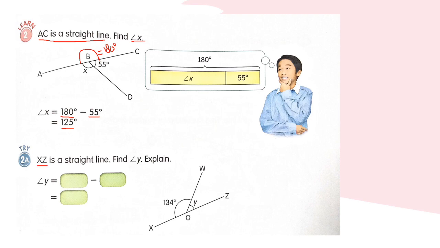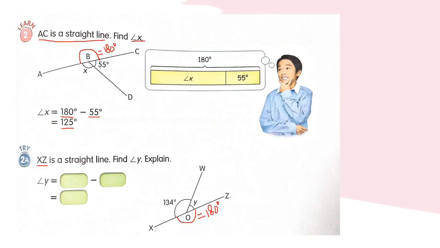XZ is a straight line. XZ here. So it's equal 180 degrees. Okay? Because XZ is a straight line.